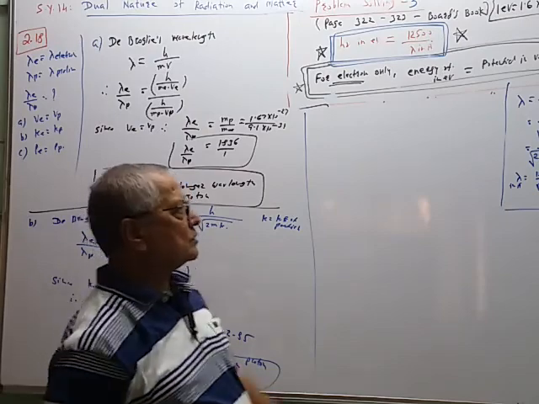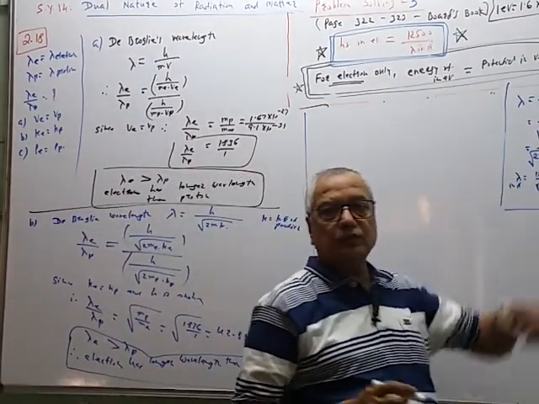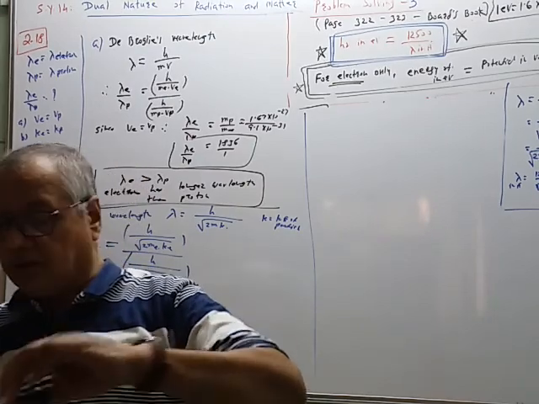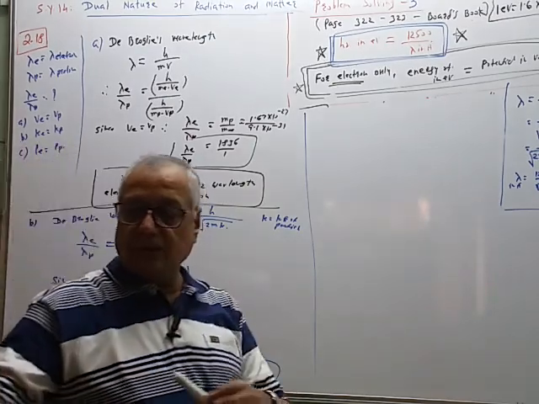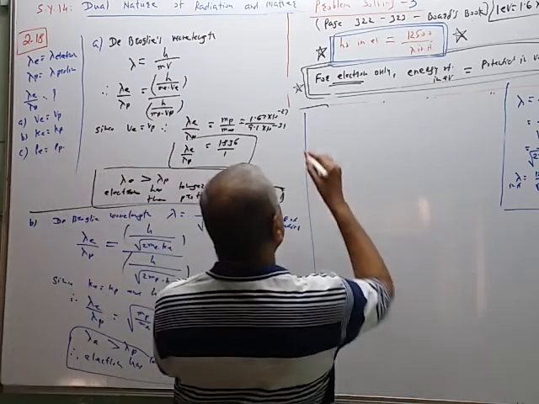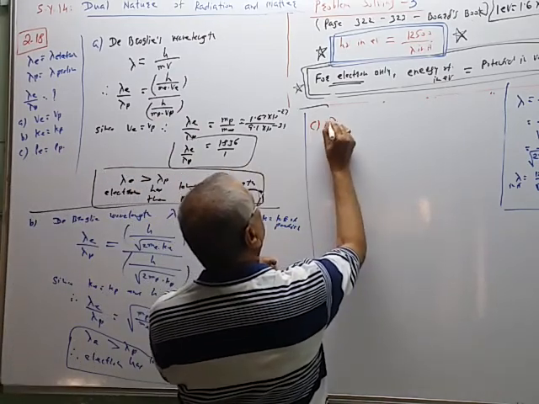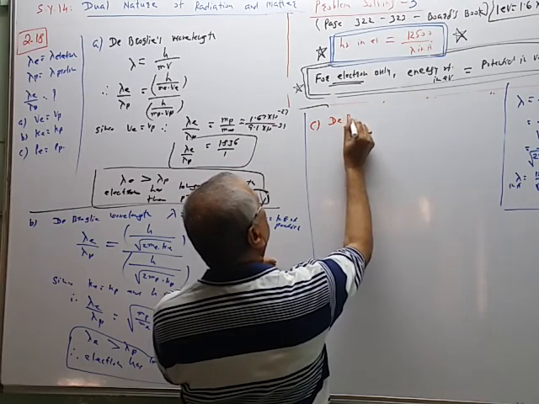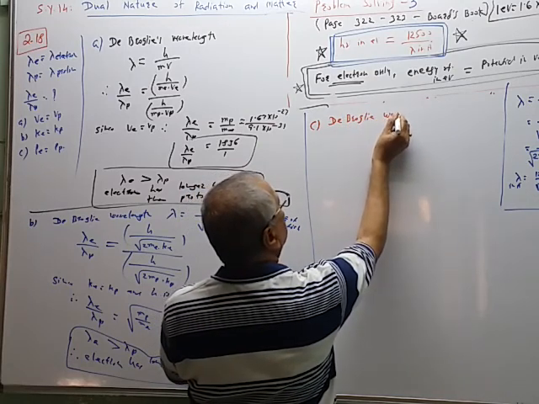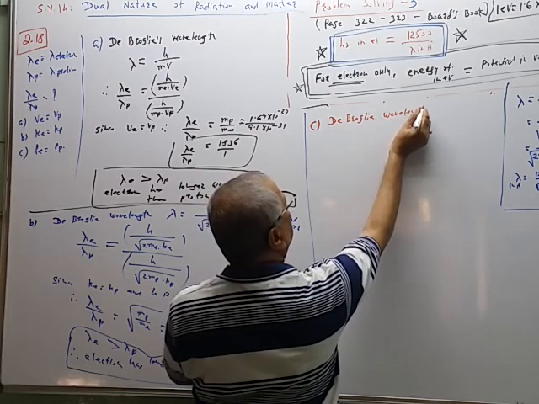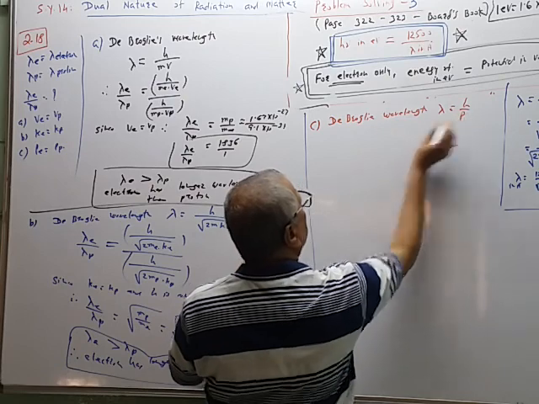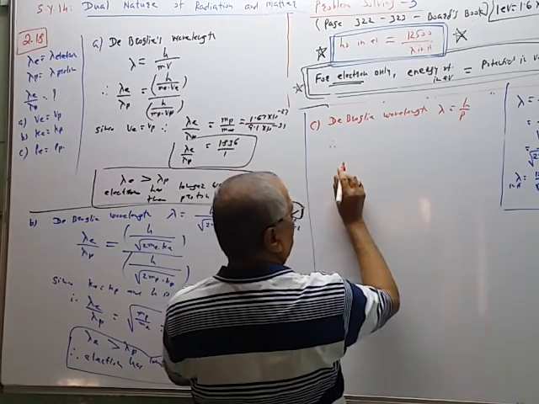Now in the third case, momentum. So directly use this formula. Equal momentum, therefore equal wavelength. The C part. De Broglie wavelength lambda is equal to h by p.